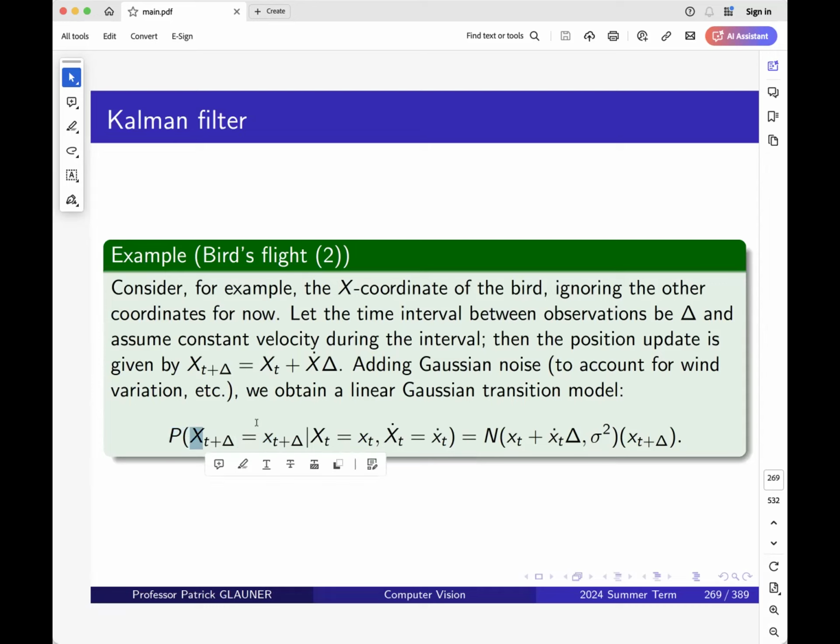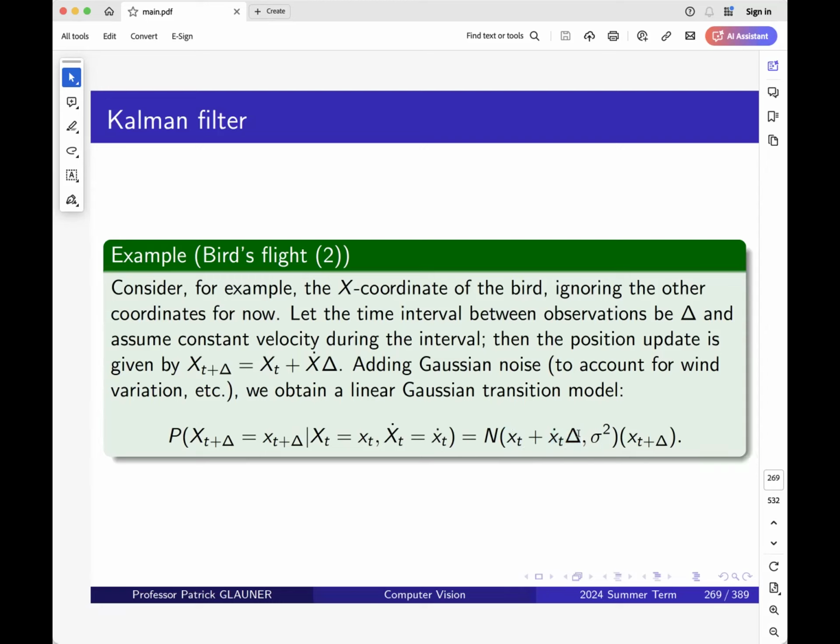So this is in capital, and our concrete measurement, or our concrete value xt plus delta, the one we had so far, given xt and the velocity, can be described with a normal distribution where our variance stays, but we say our mean is xt plus the velocity of xt times delta.